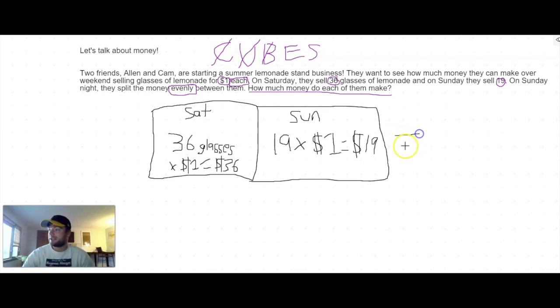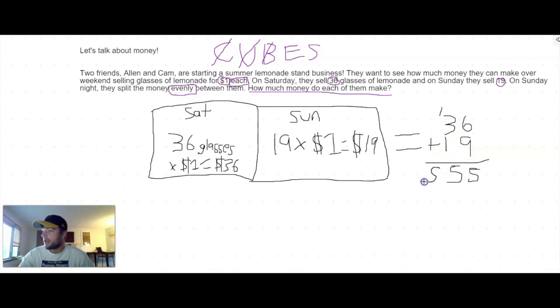So $36 plus $19 is our next step. So 9 plus 6 is 15. Draw a 5, carry the 1. 1 plus 3 is 4, and 4 plus 1 is 5. So over the entire weekend, it looks like they made $55.